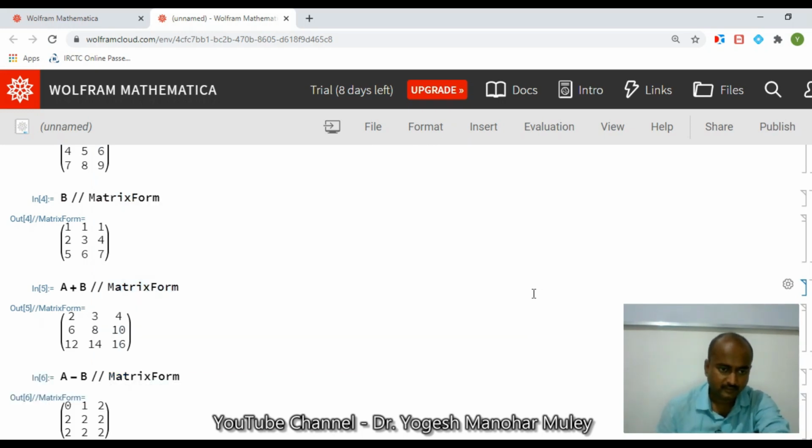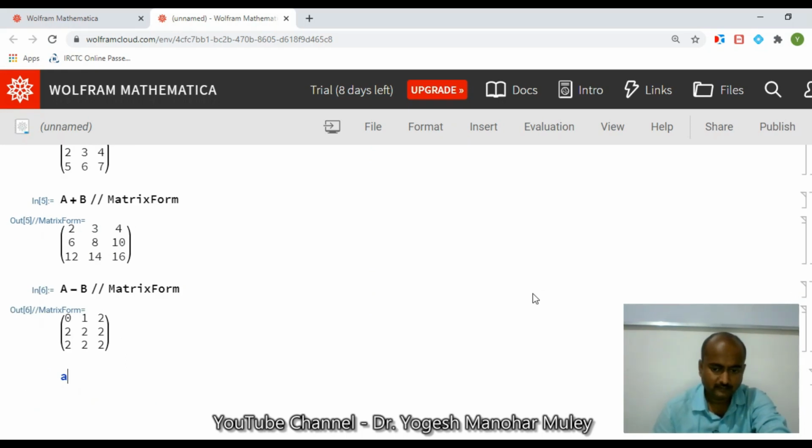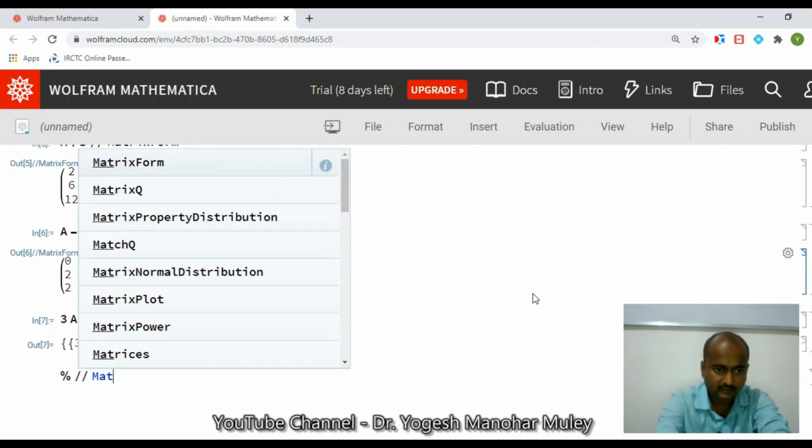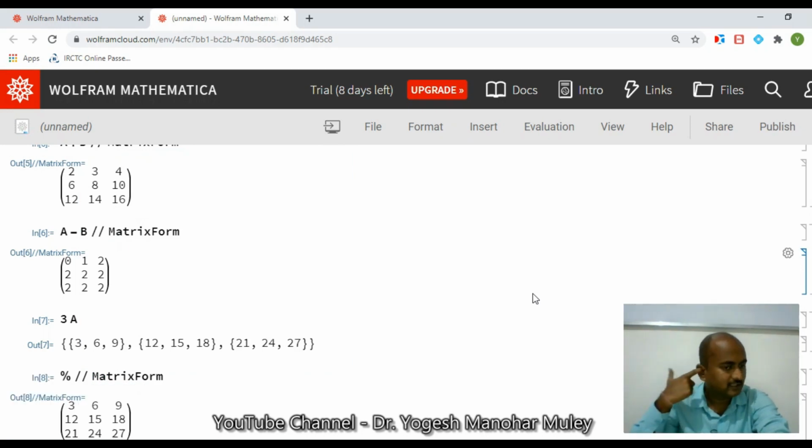Again, the subtraction of two matrices in matrix form, A minus B. After that, capital A or 3 space A, and I will use the percent symbol double backslash MatrixForm. The percent symbol is used for the last output, and we also convert it to matrix form. This gives 3 times A, so A is multiplied by 3.